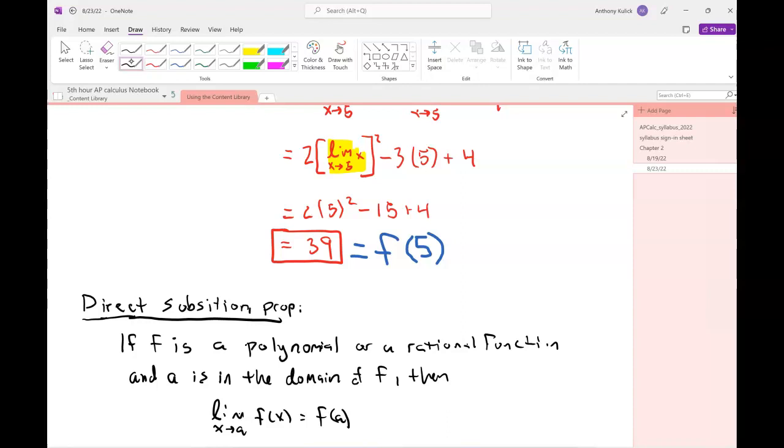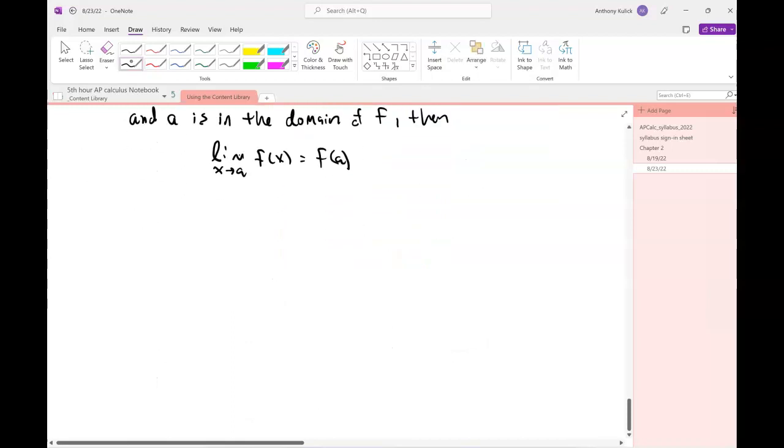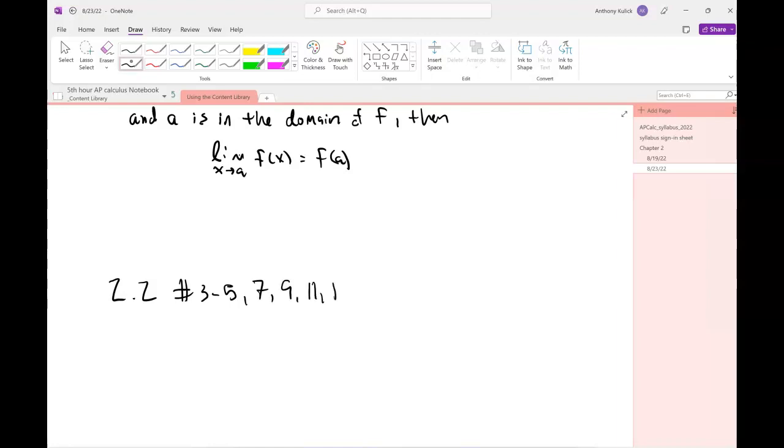Just FYI, guys, the 2-2 homework was 3 through 5, 7, 9, 11, 13 through 15, 17, 21, 27, 31 to 43 odds, and then 47 and 54.